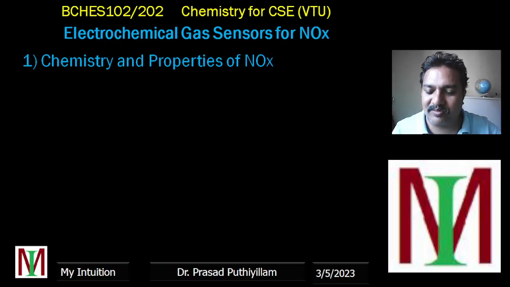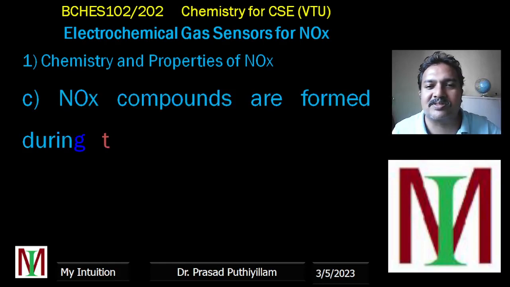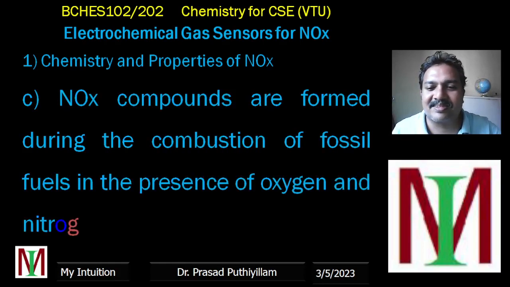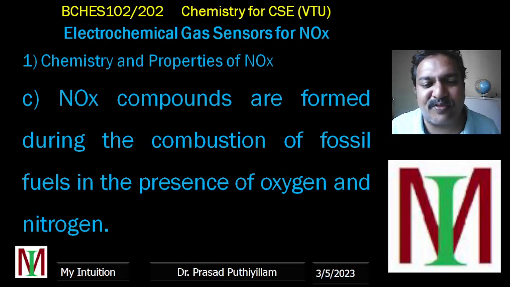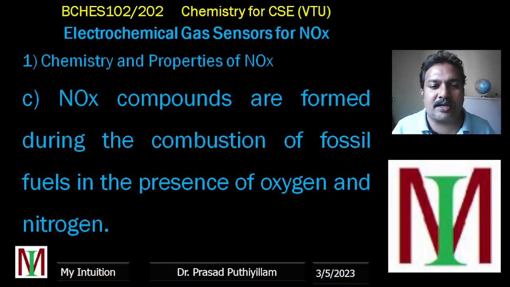We don't want ozone, we need only oxygen. O3 is not needed, we need O2. O2 is good, O3 is not good. NOx compounds are formed during the combustion of fossil fuels in the presence of oxygen and nitrogen.